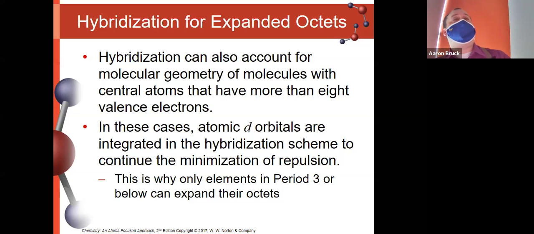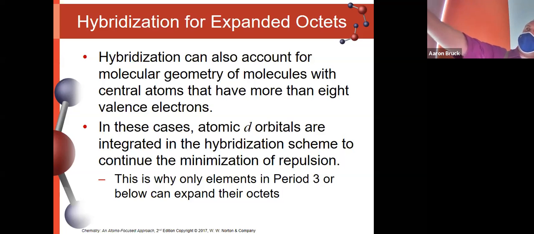Which brings us back to the point that we made way back in chapter 4 about when it is okay to break the octet rule. You have to have d orbitals available, which means that you have to have an element that is in the 3rd energy level or below. So all the examples we've done thus far, none of them can apply to this kind of argument.